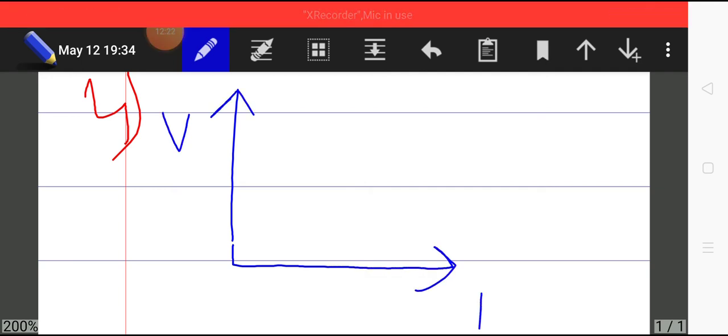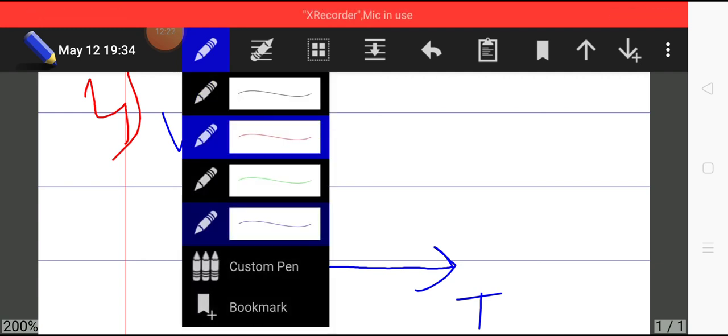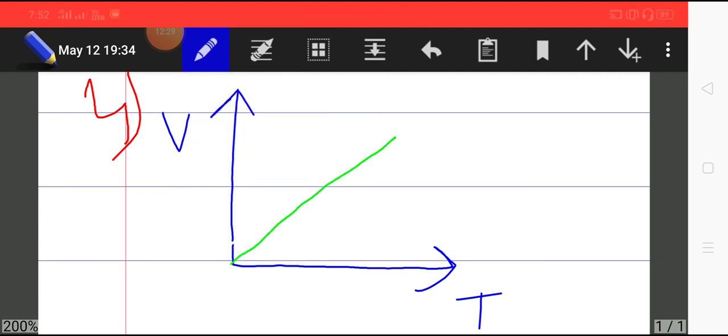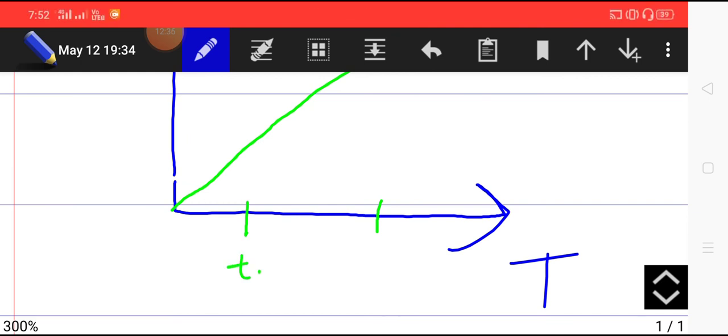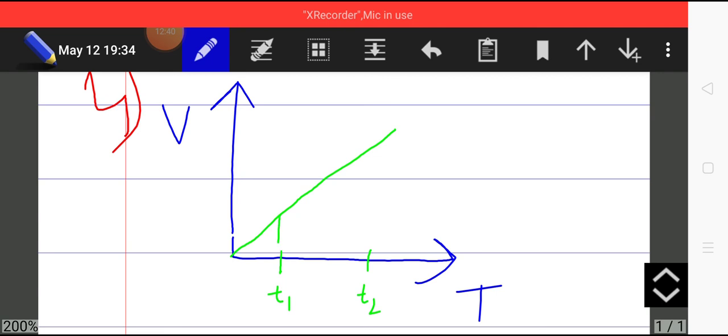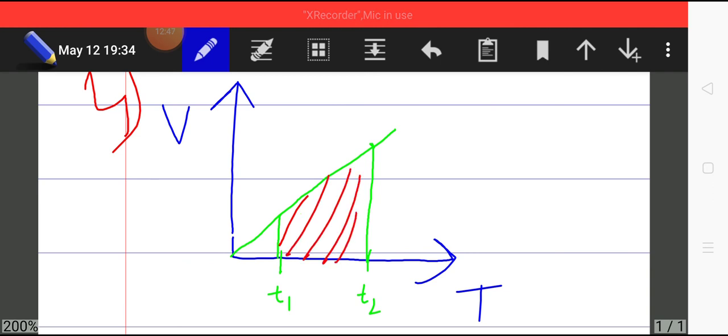Suppose you have a graph like this, and if you calculate the area under the graph between two points, say t1 and t2, and I'll show you the area in red color, then this area represents displacement. So area under the graph is representing displacement.